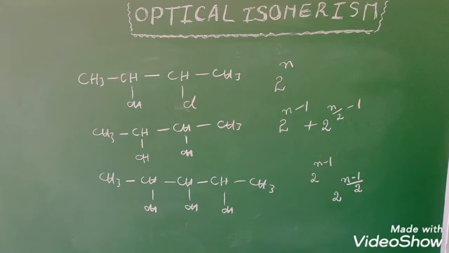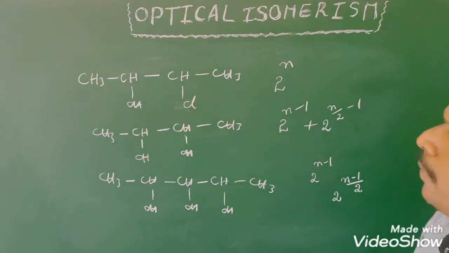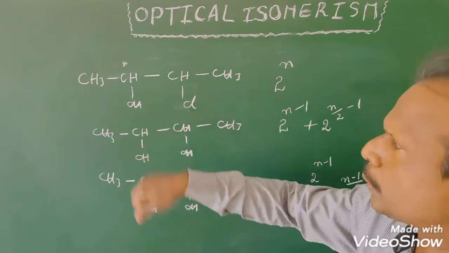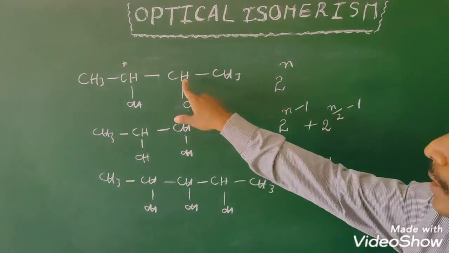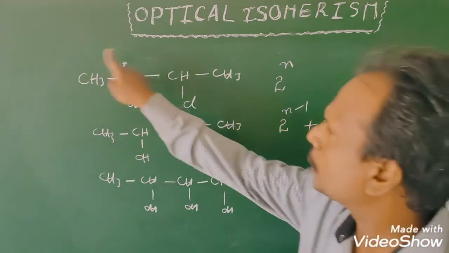To calculate the number of stereoisomers possible for a compound due to the presence of stereogenic centers, three types of formulas are used. In the case of the first compound, this is a stereogenic center. It is a chiral carbon having four different groups: H, OH, methyl, and another group. This is also a chiral carbon: H, chlorine atom, methyl, and this group.